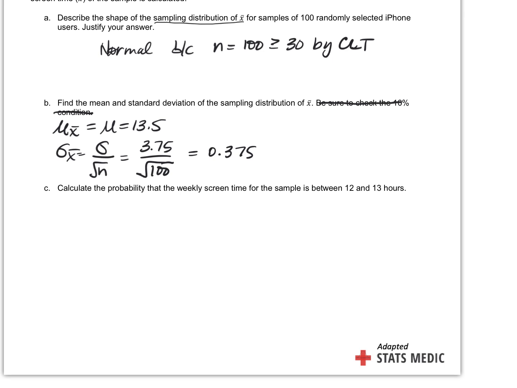Now it says calculate the probability that the mean weekly screen time for the sample is between 12 and 13 hours. All right, so let's draw the picture and visualize what's going on. If my mean is 13 and a half, it's asking what is the probability that it's between 12 and 13. So I'm looking for this little piece of the curve. When it says find the probability, that means I'm doing a norm CDF question.